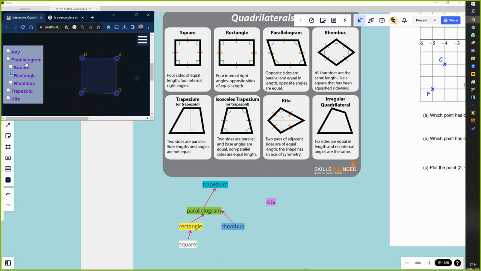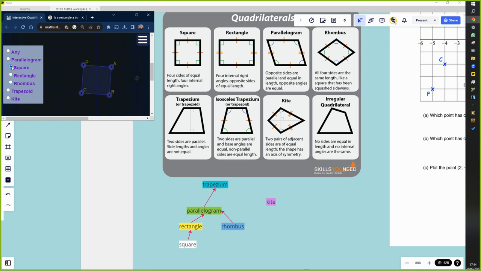If I choose a parallelogram here, you can notice that these three options are indented and under the parallelogram. So if I go to square, then click on parallelogram, it doesn't change. That's highlighting that they can be the same. If I go to square and go to rectangle, it doesn't change, right? I go to rhombus, and it also doesn't change. Oh no, it does.